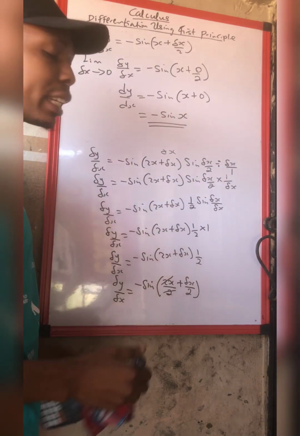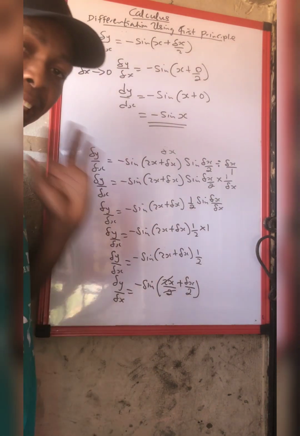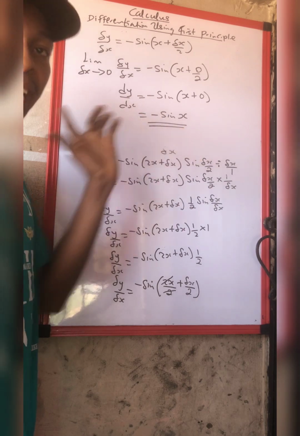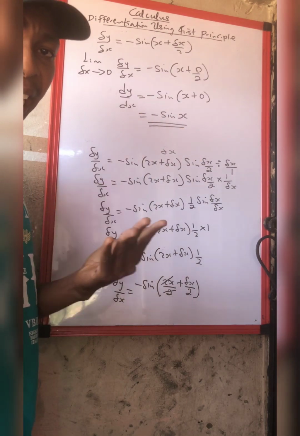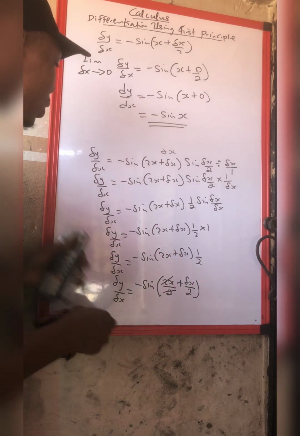So that is your final answer. Whenever you differentiate cos x, you have minus sin x. But if you differentiate sin x, you have cos x. So let's take more questions on that.